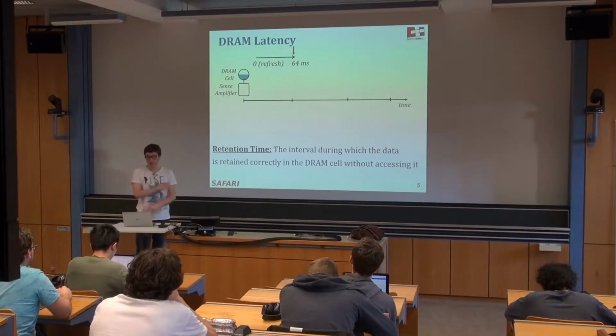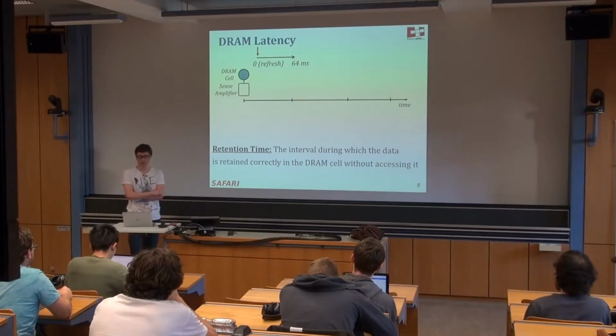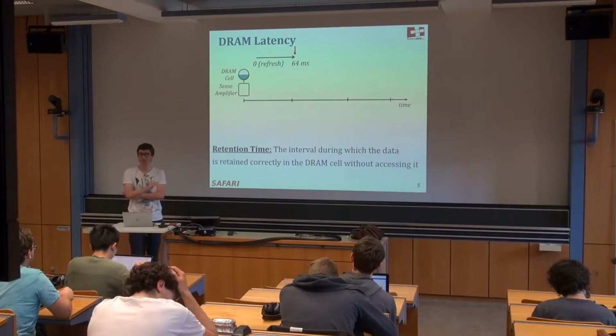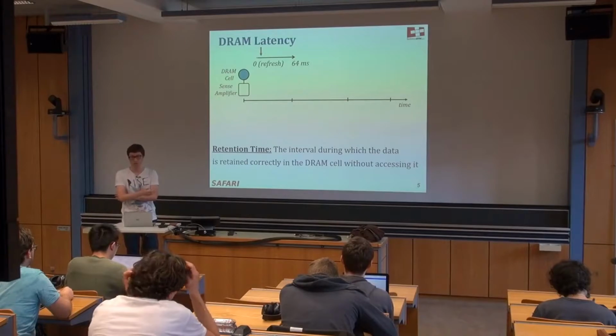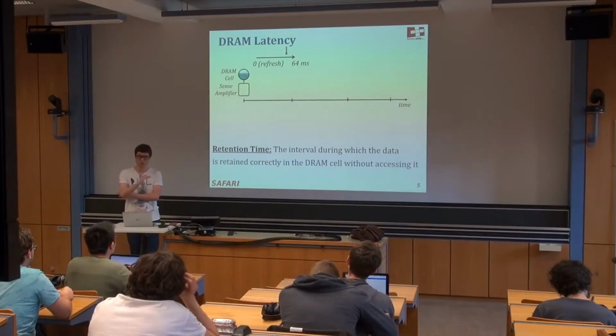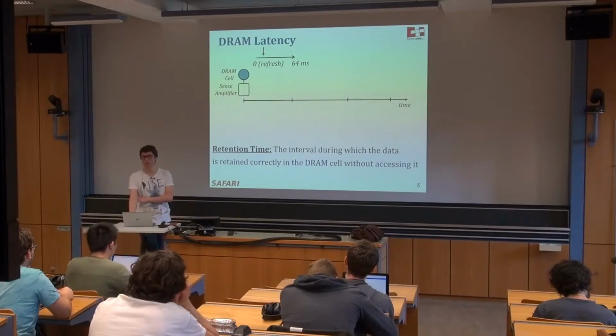In this slide, I would like to show what happens to a DRAM cell during those operations. First, when a DRAM cell is not activated, so it's in a precharged row, it leaks charge over time, and every 64 milliseconds or 32 milliseconds, the memory controller issues refresh commands to restore it back so we don't lose any data.